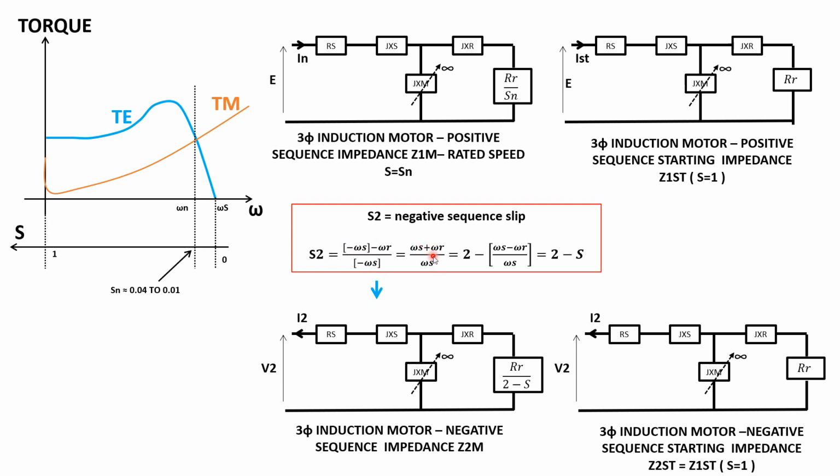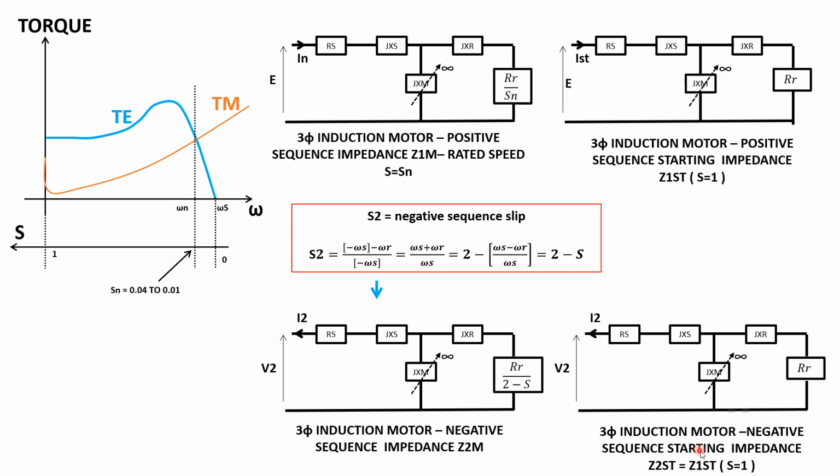So basically we have omega s plus omega r divided by omega s. And if we want to relate that to the positive sequence slip, it is equal to 2 minus s. So the motor equivalent circuit for negative sequence is exactly like positive sequence, except that instead of R divided by S, you have R divided by 2 minus S. And interesting that if you put S equal to 1 for starting, it is exactly similar to the positive sequence one.